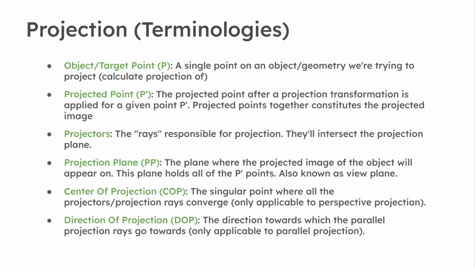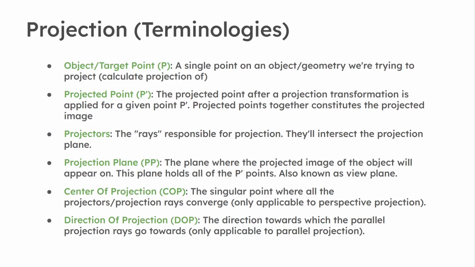Every projected point P prime belongs on this plane. Since all projected points form the final rendered 2D image, this plane is called the view plane. This view plane contains every P prime, since we are mapping the P points to P prime. And this view plane actually maps to our display.